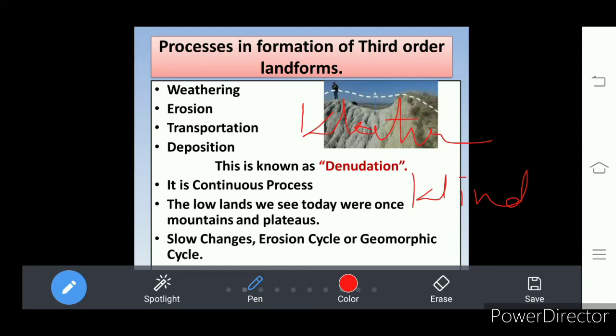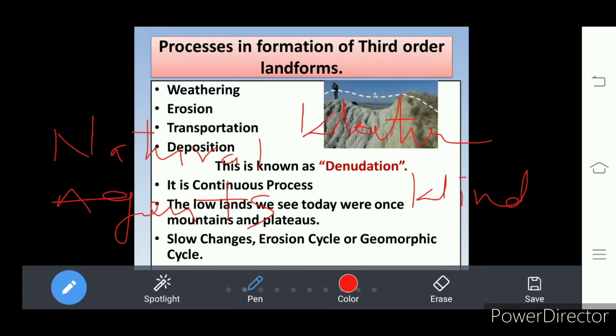And these agents, what we call natural agents, wind and water are called natural agents. They work on the existing landforms on the earth's surface.